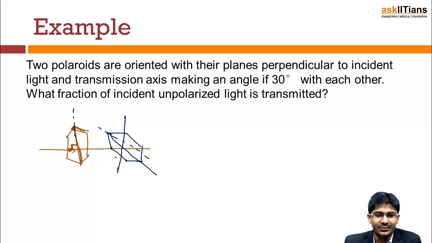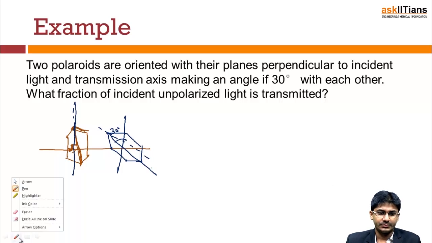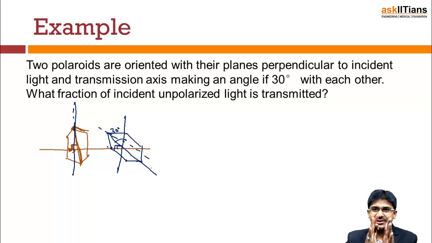From the vertical, which is this direction, it makes an angle of 30 degrees. Now the light, you can see that this polarizer is actually 90 degrees with this, but its axis has been rotated.